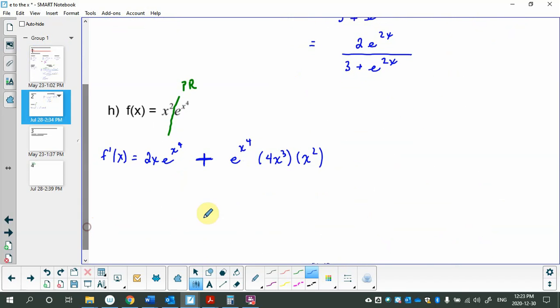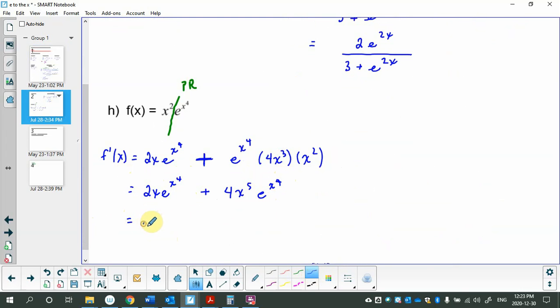All right, so now I'm going to make it look pretty. Oh, my front half is very pretty. My back half, not so much. So 4x to the 5, 3 here, 2 here, and then that e business. And I'm going to factor just for the practice of it all.